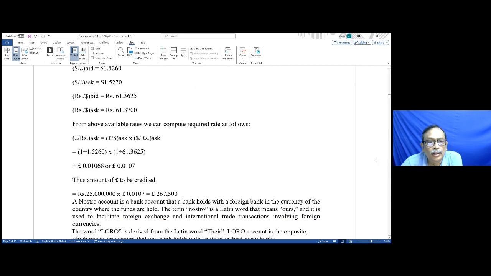Now, from above available rates, we can compute the required rate as under. That is, pound rupee ask is equal to pound dollar ask into dollar rupees ask.